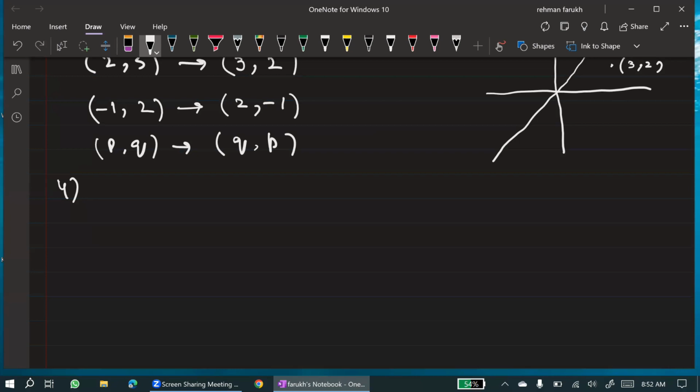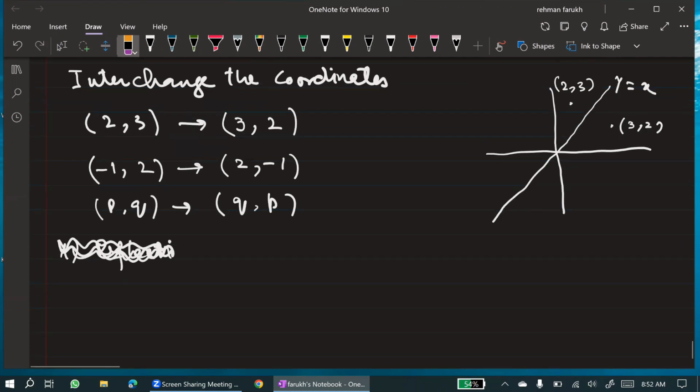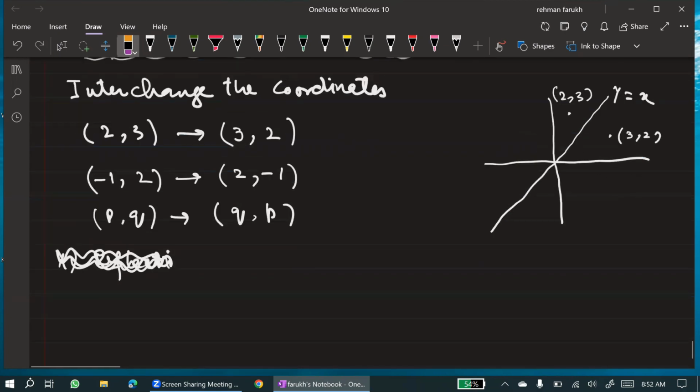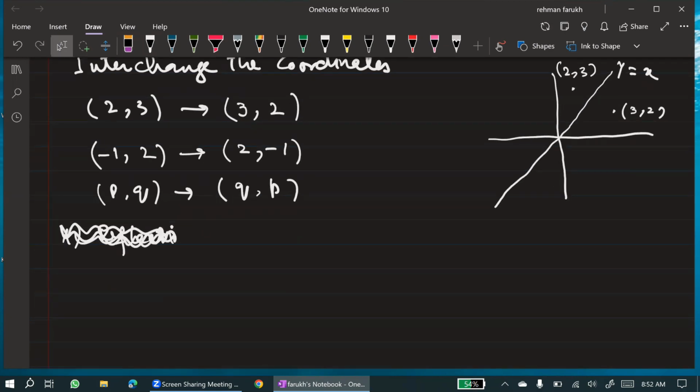Now we will write down the matrix for the reflection in the line y is equal to x.